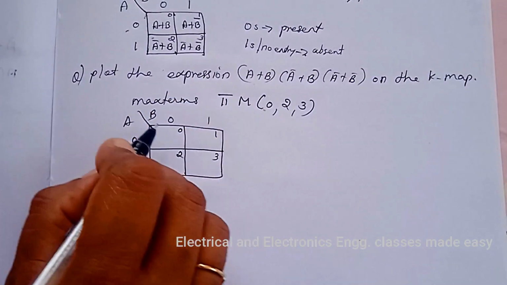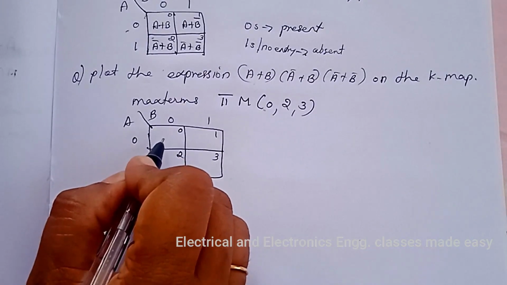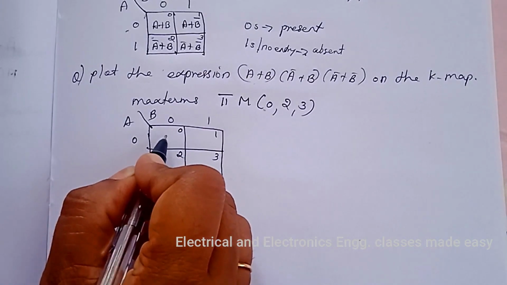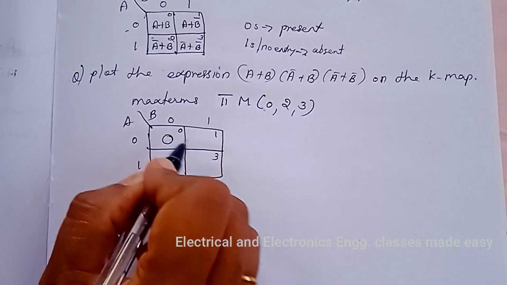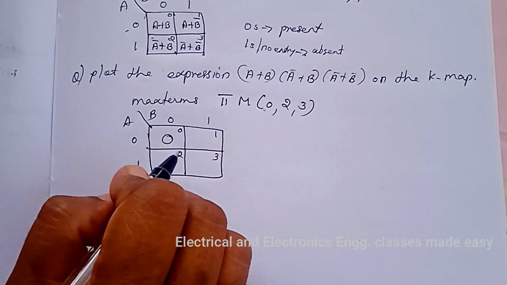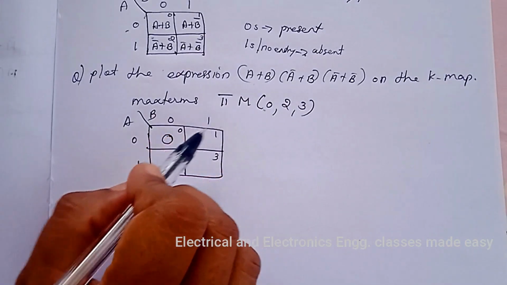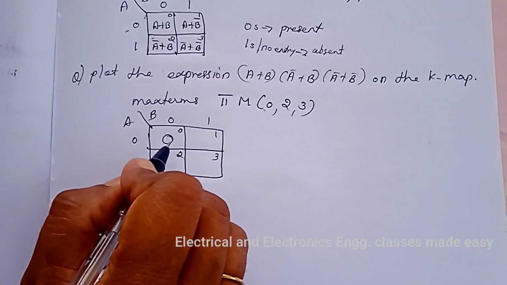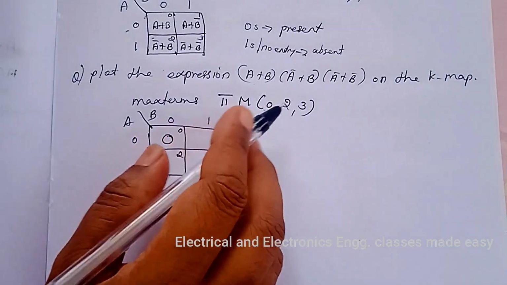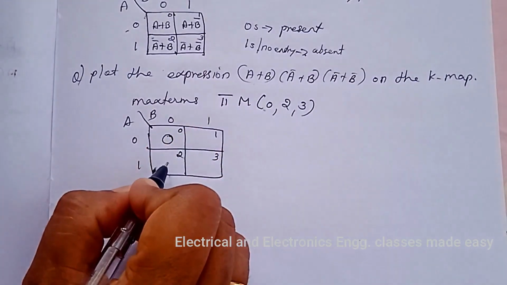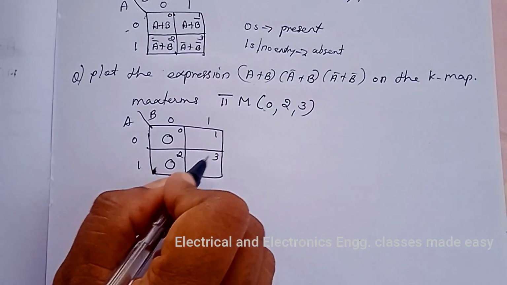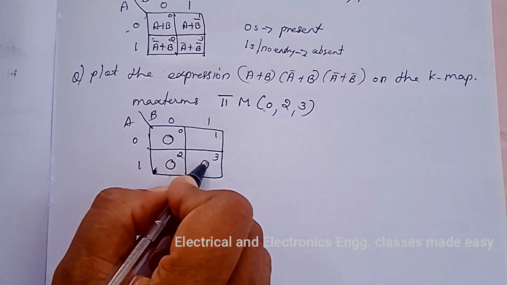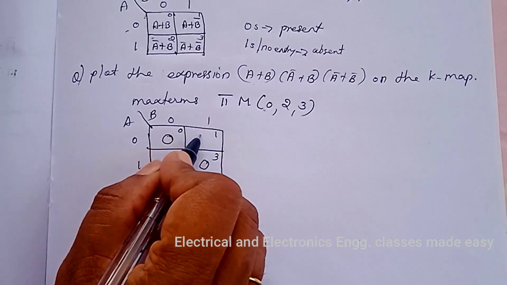So 0 is this square, so place a 0 there, because in POS term for the present terms put a 0 in the square. Next is 2, that is here 0, then 3, and for the absent terms put a 1.